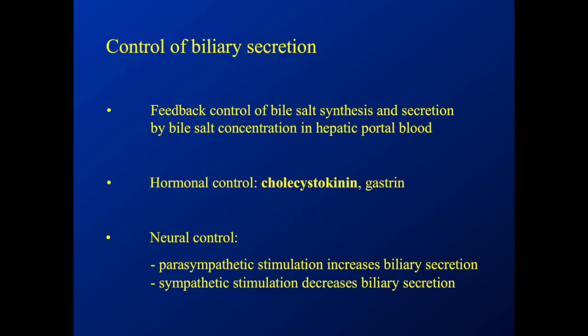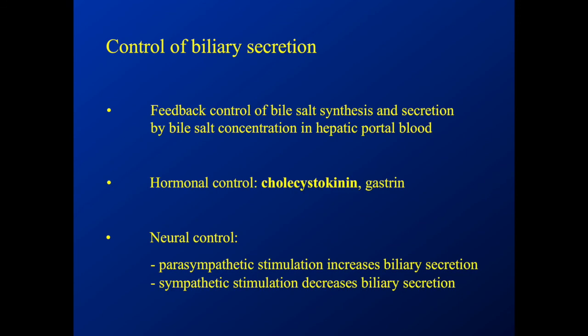So the control of biliary secretions is dependent on how much bile salts are in the hepatic portal blood. And if the liver detects that there's not enough, then it's going to start synthesizing bile salts. It's also under hormonal control.